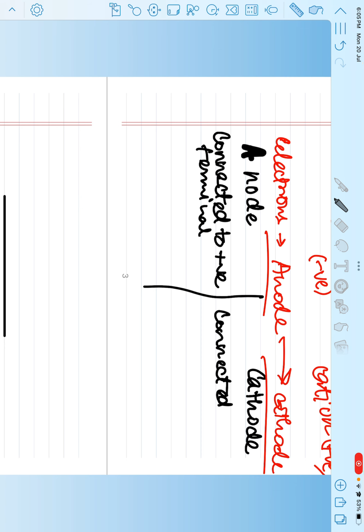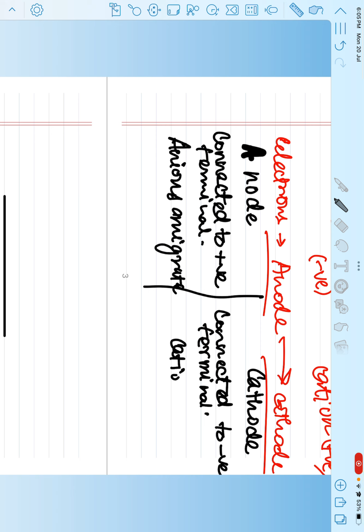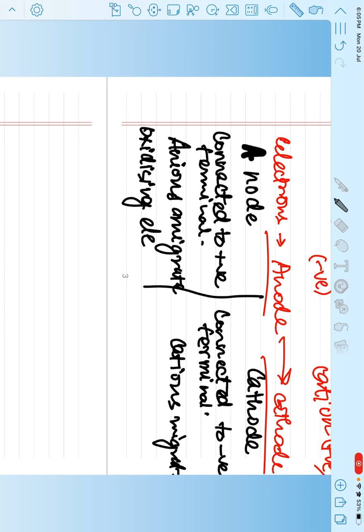Connected to negative terminal of battery. Anions migrate to anode. Cations migrate towards cathode. This is the oxidizing electrode, because here oxidation happens by loss of electrons. Oxidizing electrode, and this is the reducing electrode, right? So that's basically the difference between them.